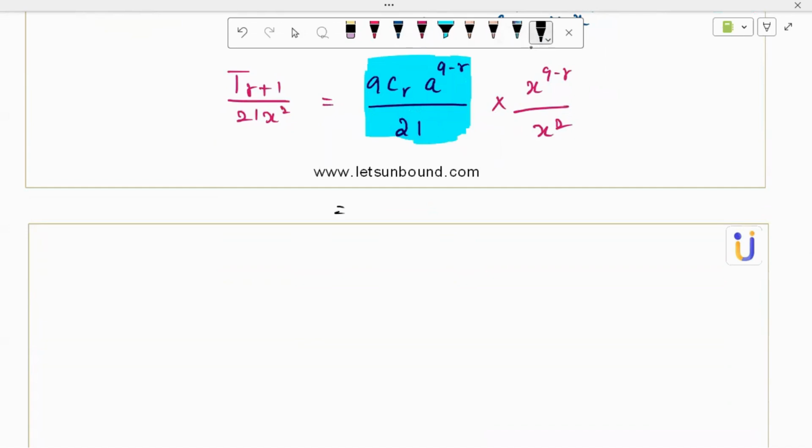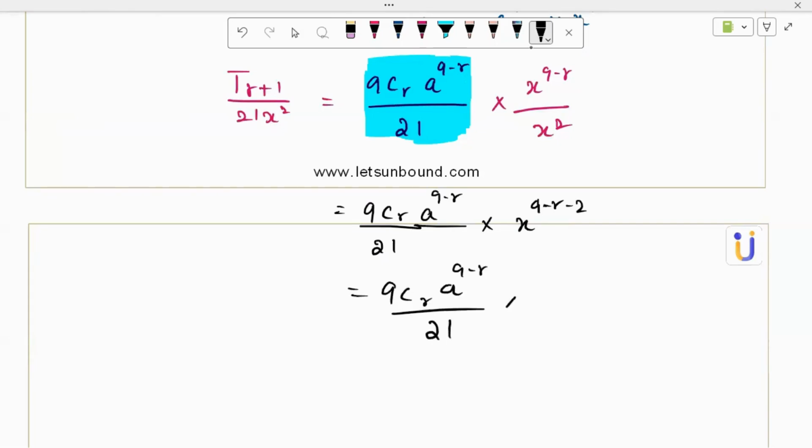For simplifying further, it's 9Cr over 21, a^(9−r), times x^(9−r) over x². Both have the same base, so you subtract the exponents: 9 minus r minus 2. This will be 9Cr a^(9−r) by 21 times x^(7−r).